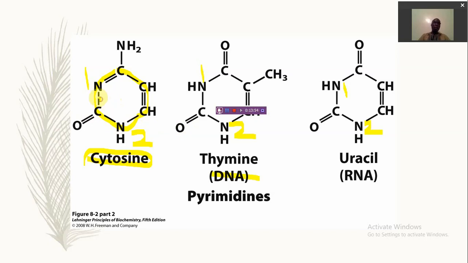Cytosine has 1 carbonyl group. A carbonyl is a carbon atom bonded to oxygen by a double bond. This is what we call a carbonyl.